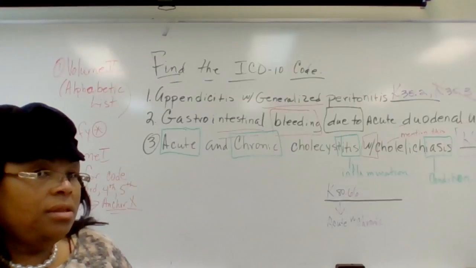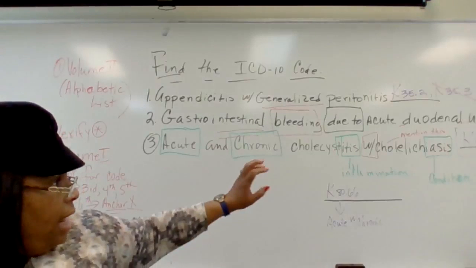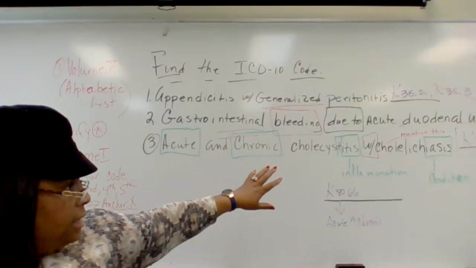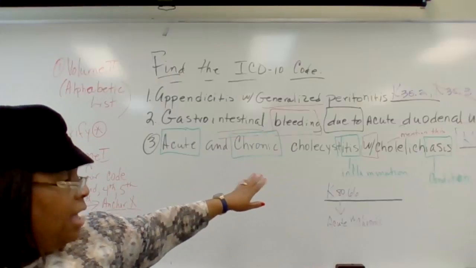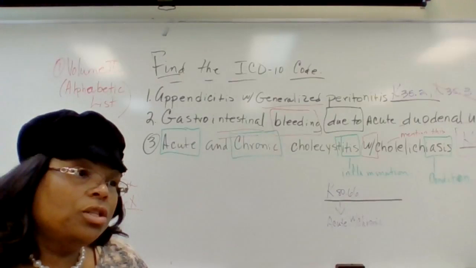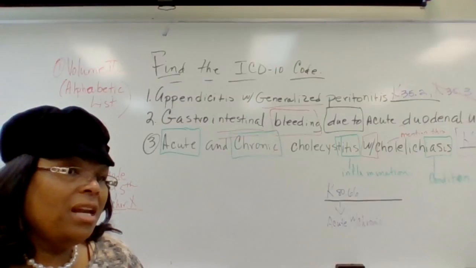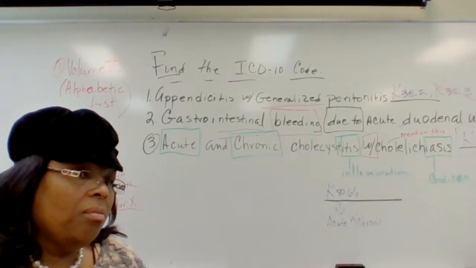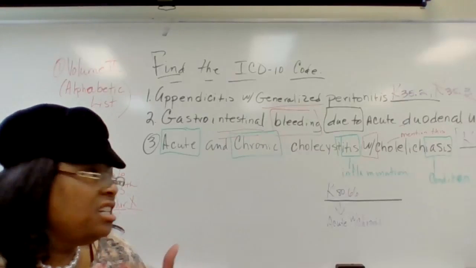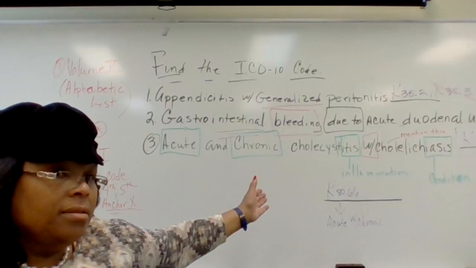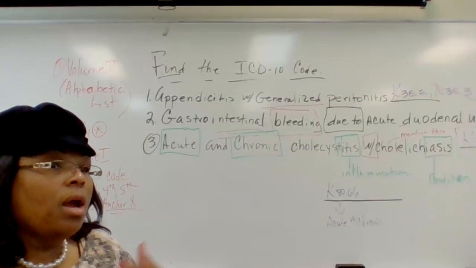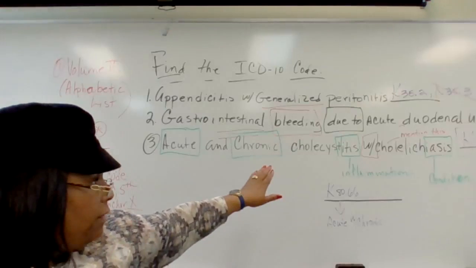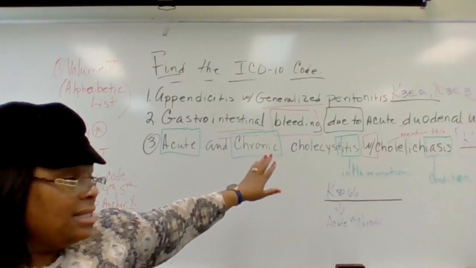It wasn't listed there, so now you have to find the next thing. Sometimes you may find it under the term itself. Sometimes you may find it under the condition of the term. Inflammation is the condition of cholecystitis, but since it wasn't listed there, you have to play around with your words. So the next place you would look is cholecystitis.